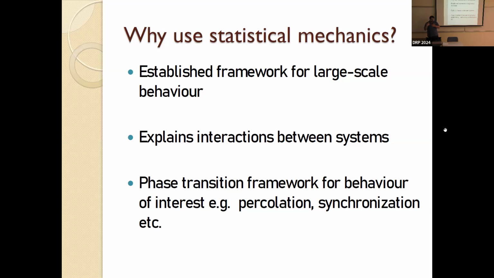And there's a very important framework that is called a phase transition. And this phase transition can be well utilized to explain some behavior of interest for networks, such as percolation events, synchronization events, which I hope to go into detail in my report.